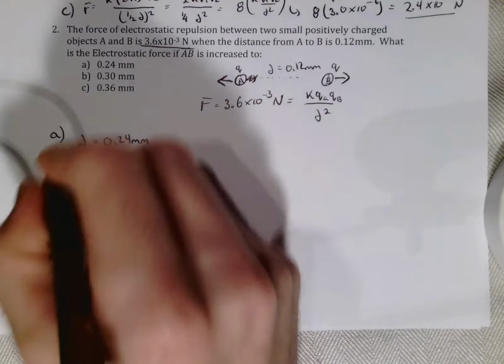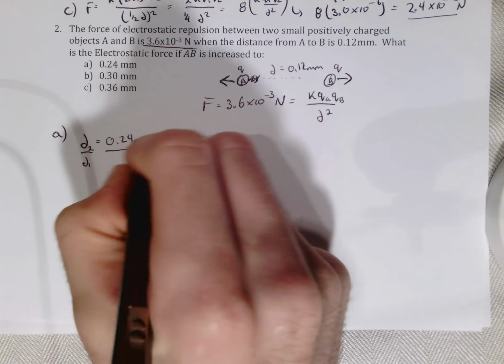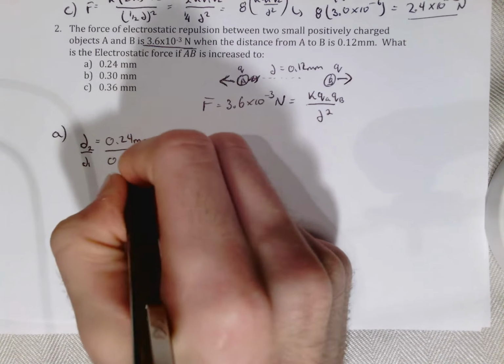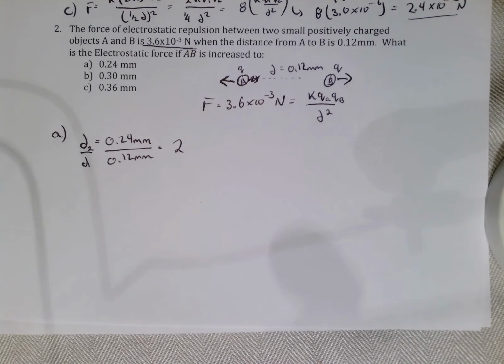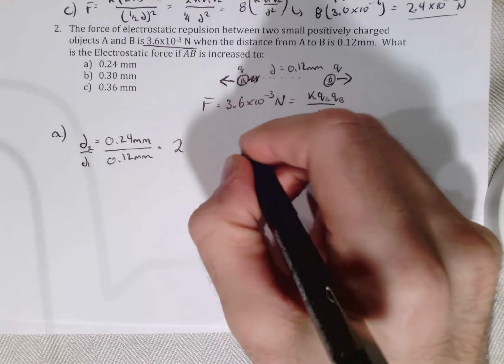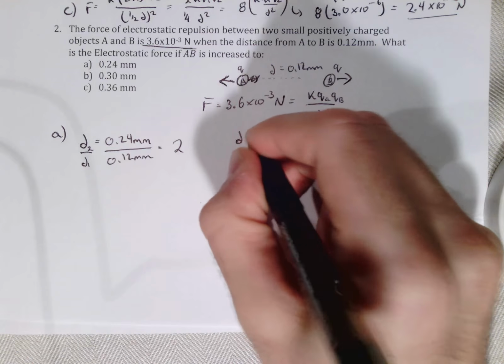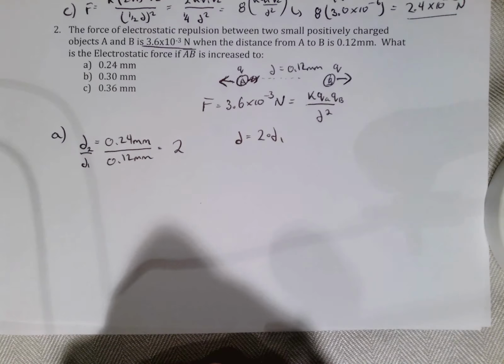And if I want to see how this new distance compares to the original distance, I'm going to see that it doubled, right? It's twice as large as the original. So I can say that my new distance is equal to 2 times my original distance.